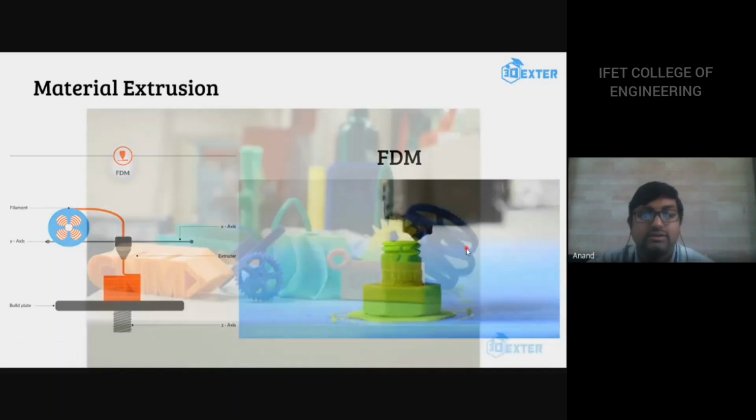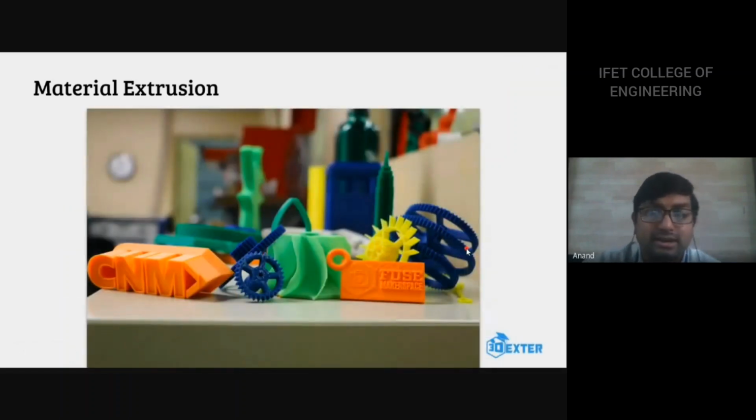The main reason we use this FDM method is that it is the cheapest form of 3D printing. As compared to many other available methods, this is the cheapest method of 3D printing. One more thing: FDM is not the first 3D printing technology that was invented.